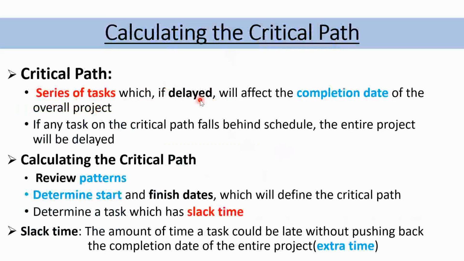If any task within the series of tasks which you have chosen to be your critical path is delayed, then it will delay the overall project, right? If any task on the critical path falls behind schedule, the entire project will be delayed.